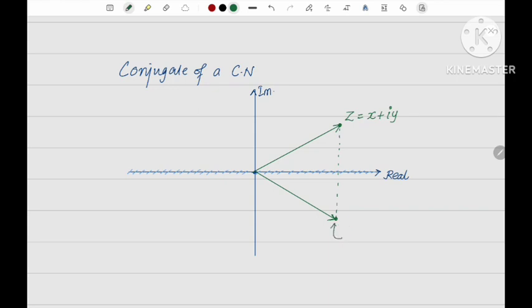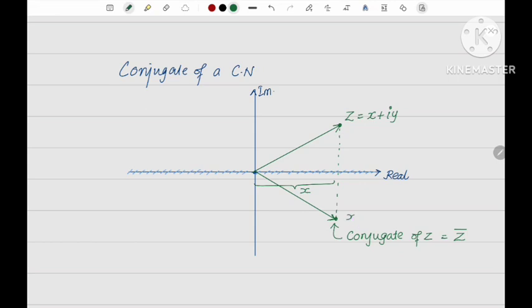So this complex number is the conjugate of z, and it is represented by z bar, a horizontal line above the z. So can you tell me what will be this complex number? This portion is going to remain the same. This portion is the same for both complex numbers.